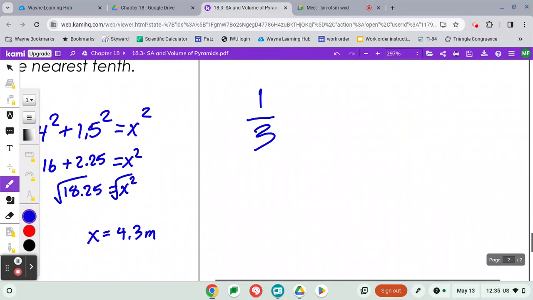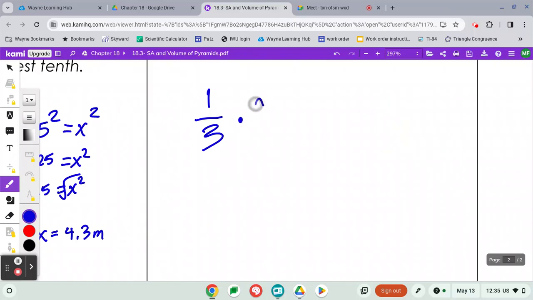So go ahead and silence that, please. 1/3 times 9 times height. What is our height? 4. So 1/3 times 9 times 4. What do we get? Did you use 4? 12. Yeah. Did you accidentally use the slant height? No, I got the height. Oh, okay. So 12 is correct.